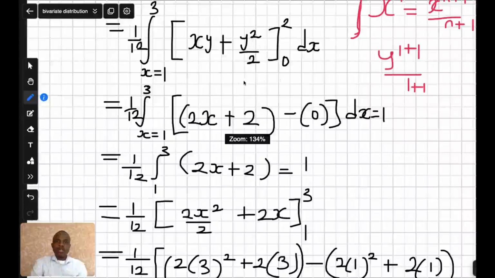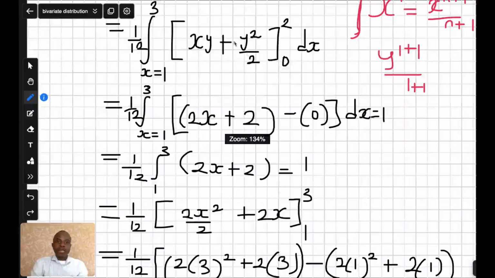Actually, we had 2 raised to the power of 2 divided by 2 when we substituted 2 here. That becomes 4 divided by 2, and that gives us 2. All right, so that is why we have 2 here. Don't forget that, please. And that way we continue.